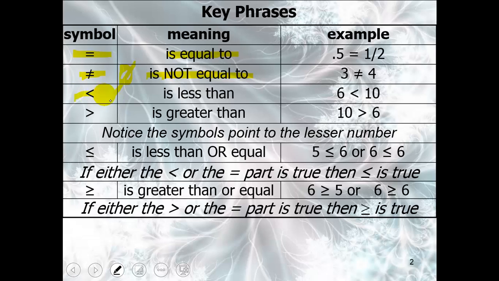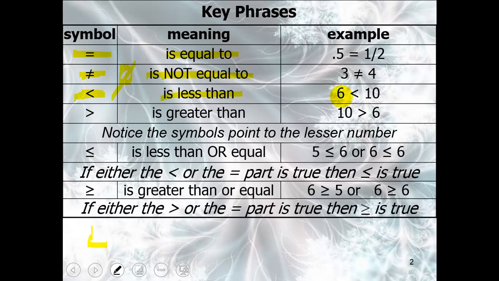The less than symbol, okay, I like to think of it as making kind of like an L, right? And you can form it with your left hand using the thumb and the index finger. This first symbol is less than. The number in front of that symbol is less than the number that follows that symbol.